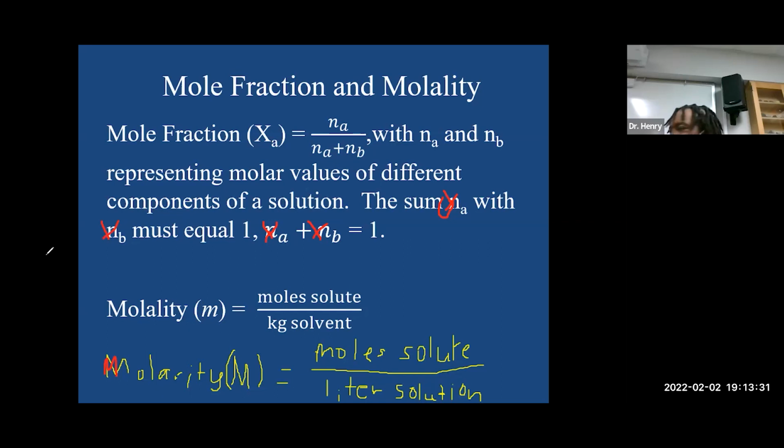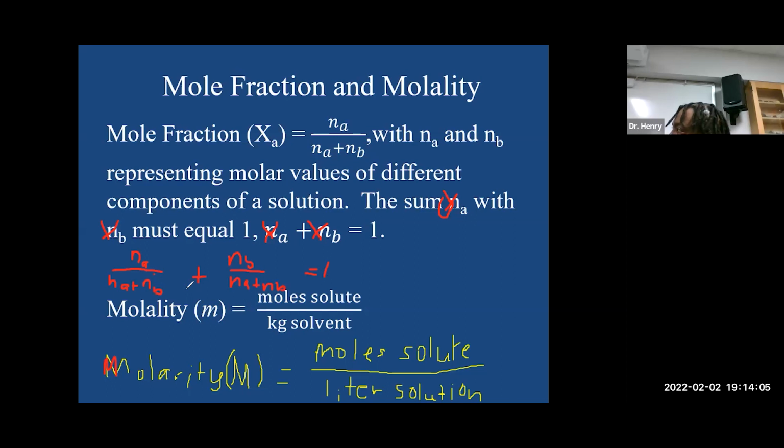You want me to show you the math? Na over Na plus Nb, plus Nb over Na plus Nb, is going to equal 1, right?